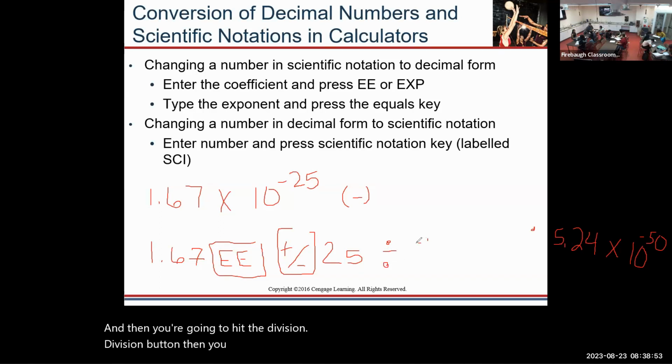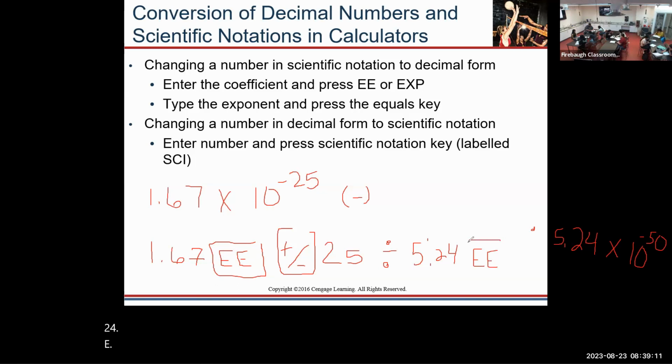Then you're gonna type in 5.24 EE, plus minus button, and then 50.